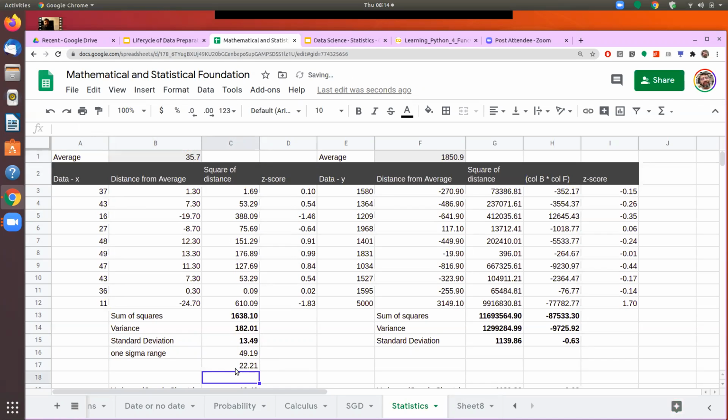What does it mean? I have this 10 days of data, but based on this computation, I can say with confidence that on 68 out of the 100 days, I will reach my office anywhere between 22 minutes and 49 minutes.